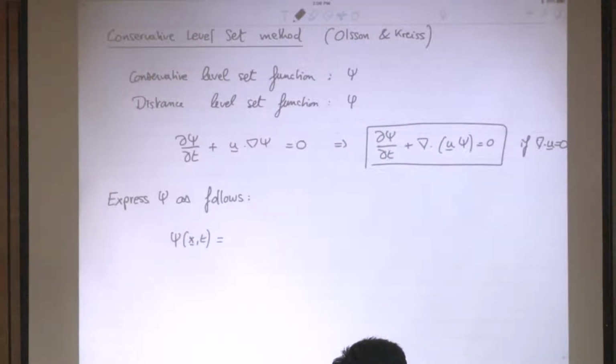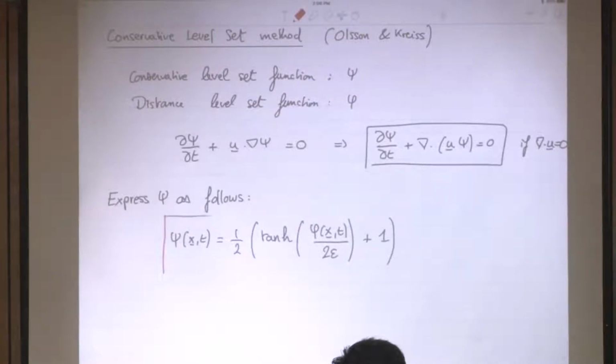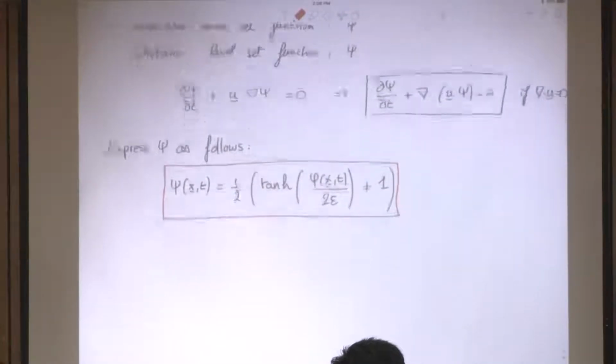Our level set function will be written as 1/2 of the hyperbolic tangent of the distance level set over 2 times epsilon, plus 1. And we'll see why this is the first key ingredient to solving our problem.